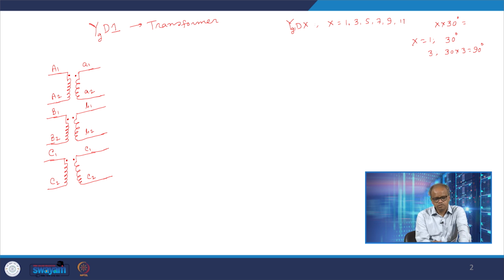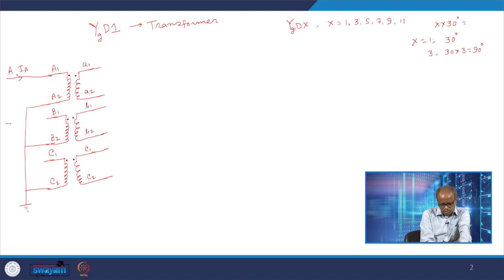So first we realize this Yg. To realize that, what we do is connect A2, B2 and C2 together and ground them. From the A1 terminal we say that it is phase A, so the current is IA.